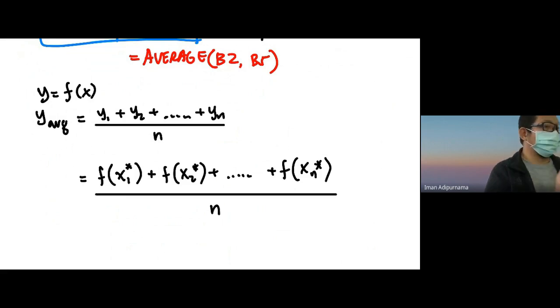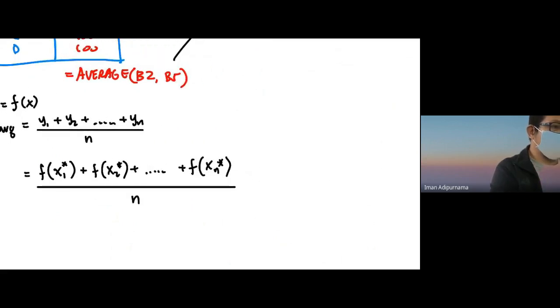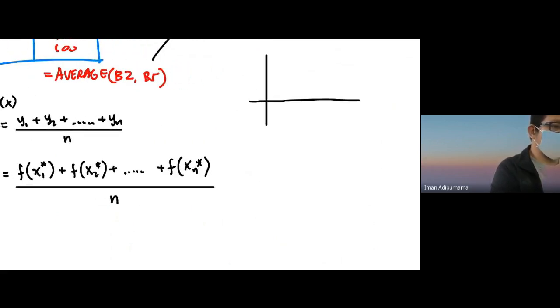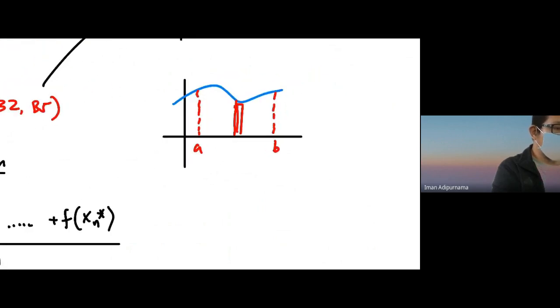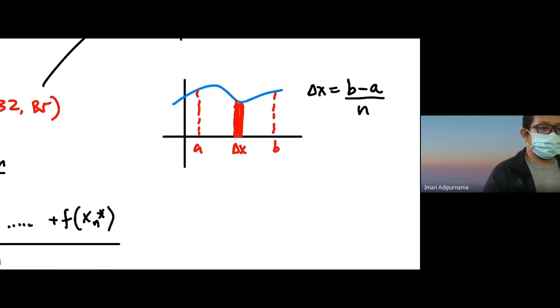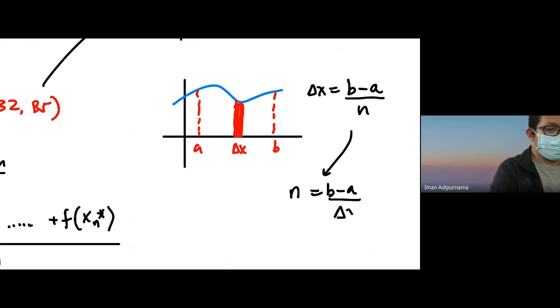Remember, when you first have the integrations, this is a, this is b, and we take this delta x, this rectangle here. And we know that delta x is b minus a divided by how many rectangles we have. Now, we can use this n and exchange it for the delta x.